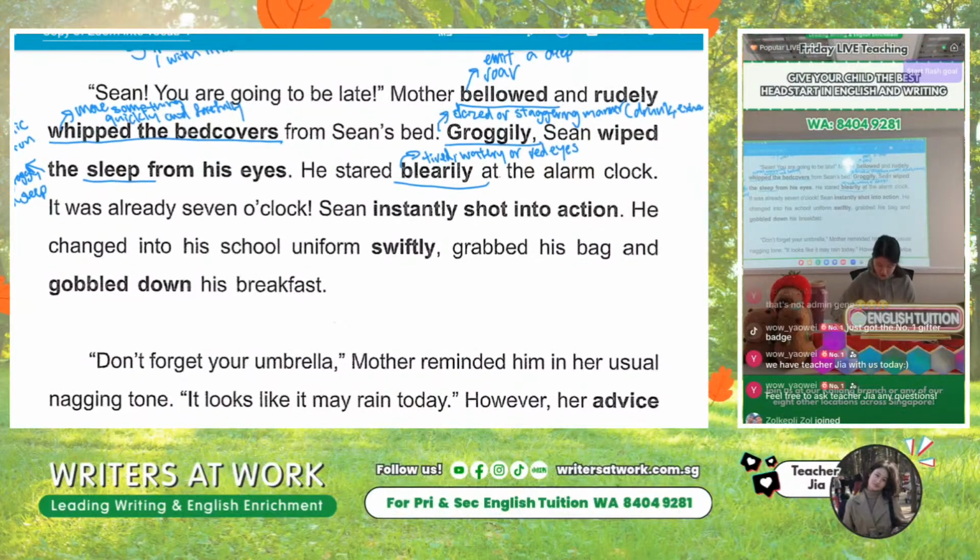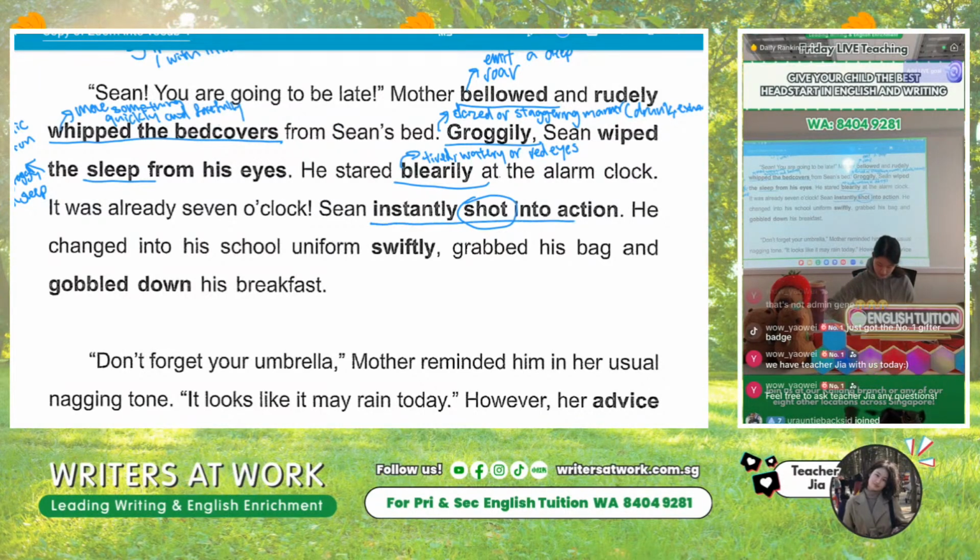Sean instantly shot into action. Okay, we've talked about this before. When you're saying something shot, it doesn't mean that there was a gun and something was literally shot. Essentially, when you imagine a gun shooting a bullet out, you imagine that the bullet is going at a very, very fast speed, and that's exactly the reference that they want to make. So it is as fast as a bullet, so it's more metaphoric.